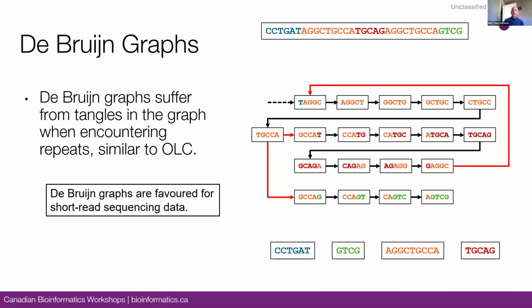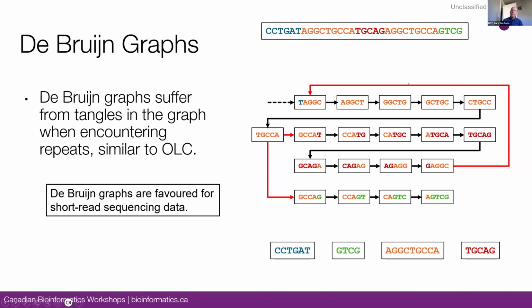But de Bruijn graphs, because they use an exact matching technique to identify the overlaps, are extremely fast. That is an extremely fast, computationally blazingly fast type of comparison. Whereas overlap layout consensus uses a fuzzy matching technique, which is a lot slower and more computationally intensive.